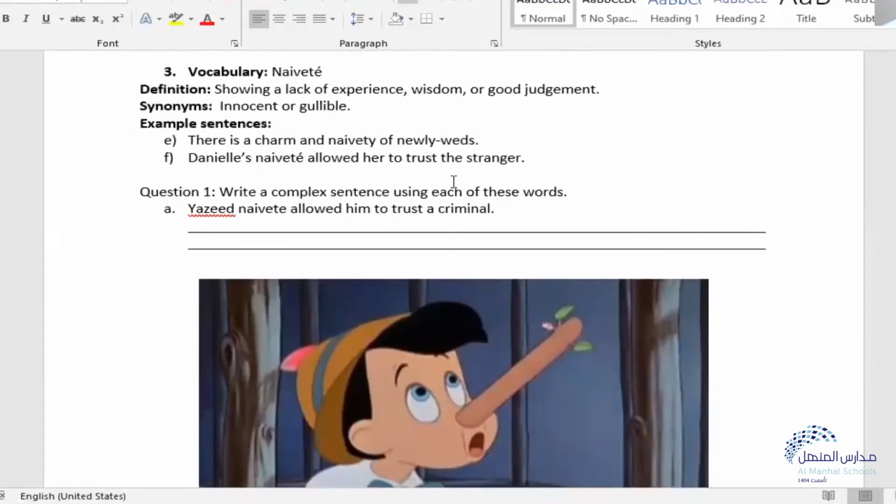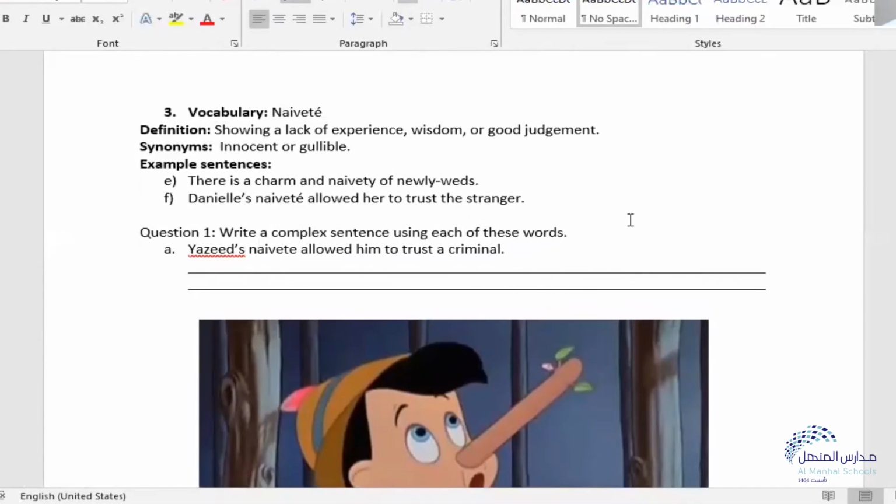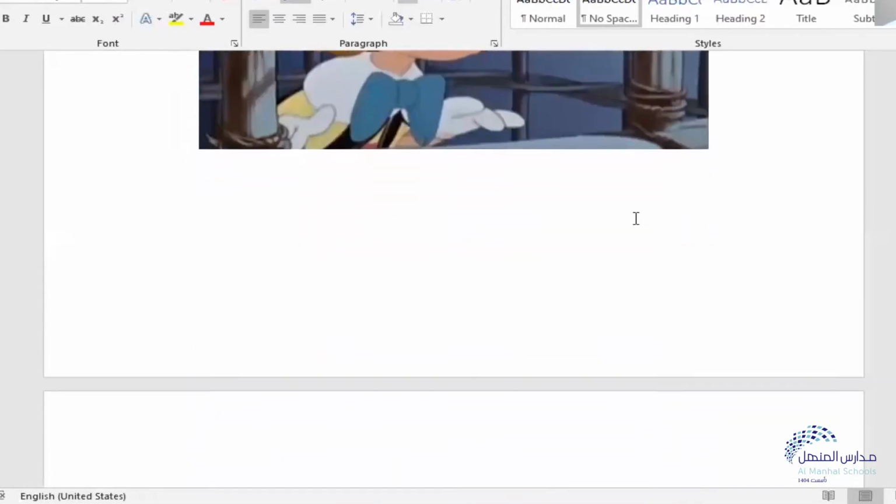Here, we were only able to get one, so I'm just going to read the one that we have. The word is naivete, and the sentence was, actually, it was Yazid's: "Naivete allowed him to trust a criminal," which I thought was a very good sentence. Again, a complex sentence using the word.